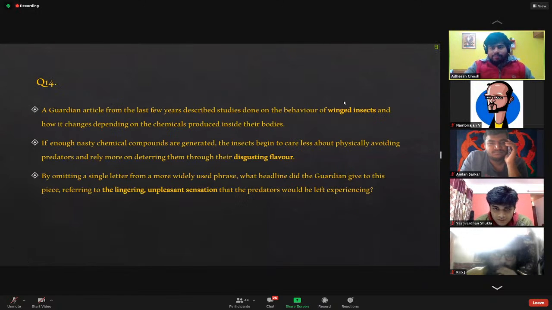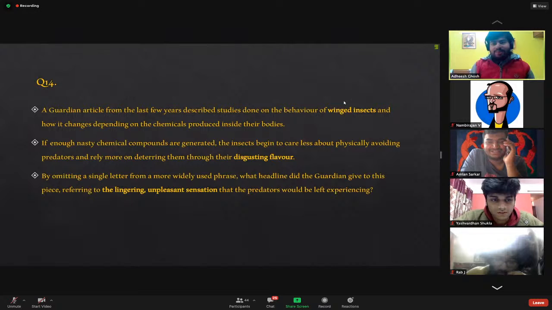Penultimate question. The Guardian article is talking about winged insects and how, as a chemical defense, they generate these nasty tasting compounds within their body. So if the predator were to eat them, they would be left experiencing a very lingering, unpleasant sensation. To describe this sensation, they made use of a more well-known phrase, and modified it slightly by removing a single letter from it.